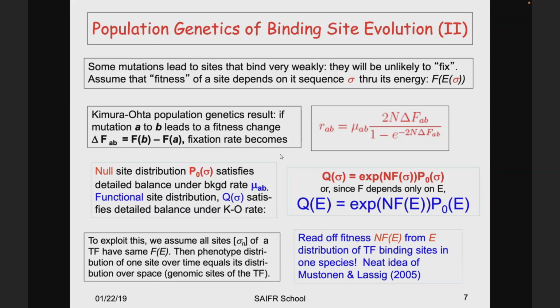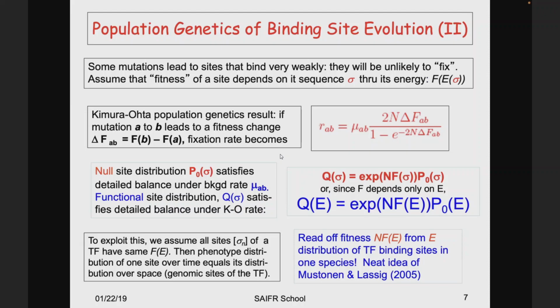And then you go to the papers of Mr. Kimura, who will tell you the following thing. And we're going to try to exploit it. Okay, so if you have a mutation that turns genome A, in our case the DNA sequence of a binding site, to DNA sequence of binding site B, I make somewhere in the binding site a random mutation that causes an A to turn into a G, say.